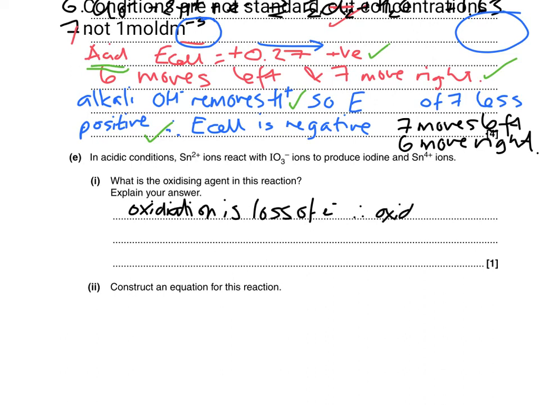So therefore, an oxidizing agent gains electrons. Sorry for the messy handwriting. Or are reduced.